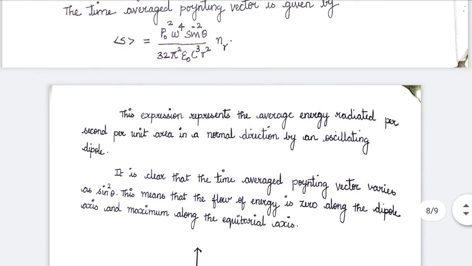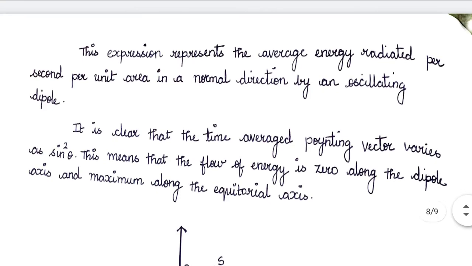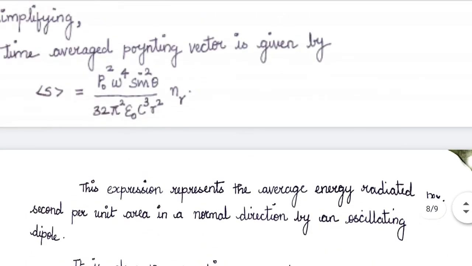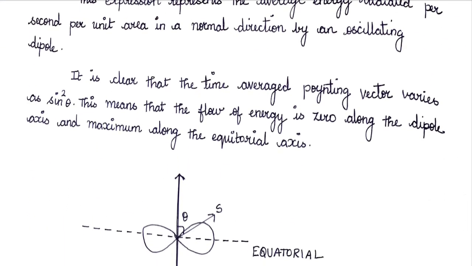So, this expression represents the average energy radiated per second per unit area in a normal direction by an oscillating dipole. We can see the expression depends upon sin theta, so the energy flow will be maximum along the equatorial plane, that is when theta is 90 degrees.